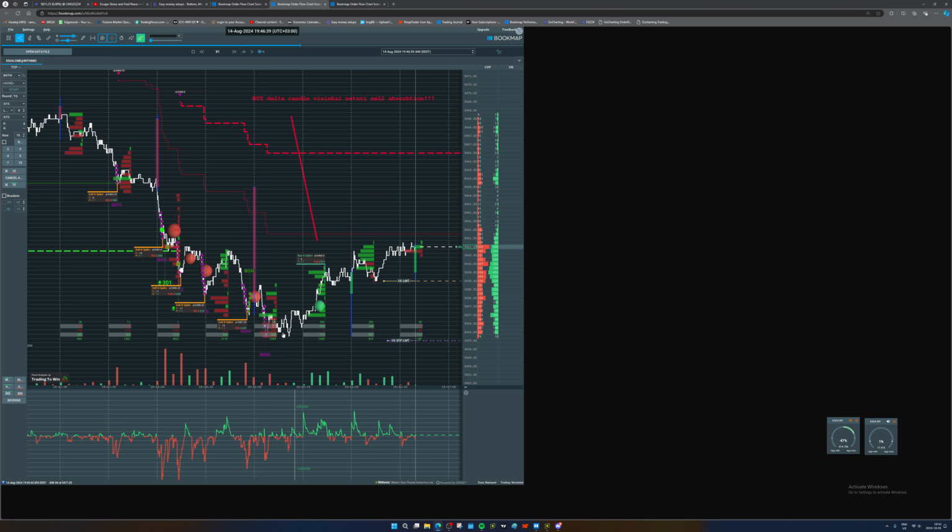Another example. Again, price was going aggressively to the downside, and look at the bottom. Minus 308 is the minimum delta. After that, look what we have. We have aggressive buying, just pushing price higher. And I'm looking at the maximum delta, which is 564.